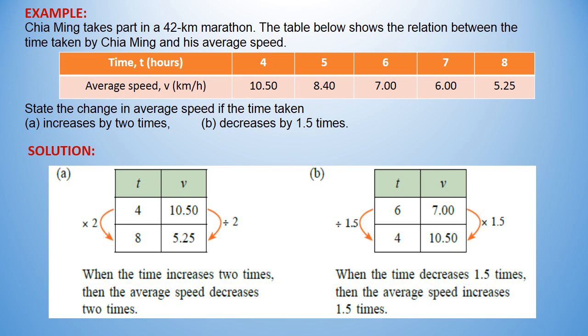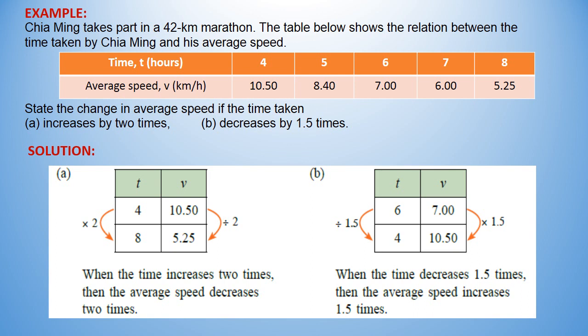Now we look at B. The time taken decreases by 1.5 times. So for the time here, let's say I take 6 hours. 6 divided by 1.5 equals 4. If the time here decreases, that means the average speed will increase.